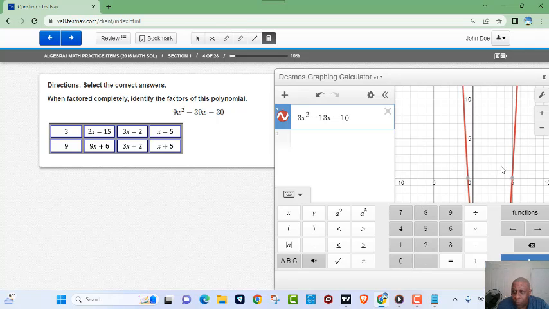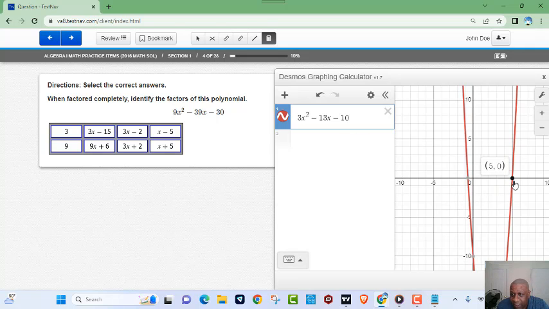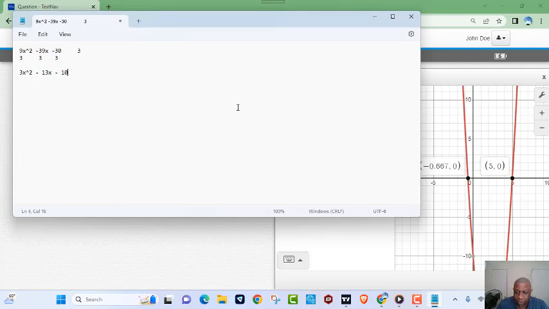On the right here, Desmos graphs this for us, and we see that we have an intercept at positive 5 and negative 2/3. So let's deal with the negative 2/3 first.